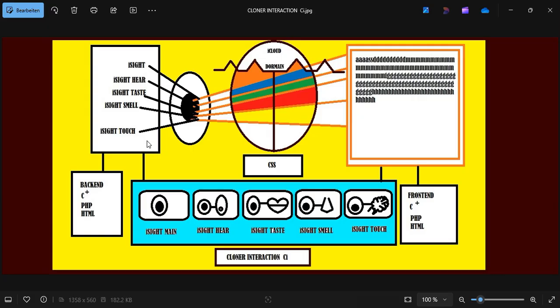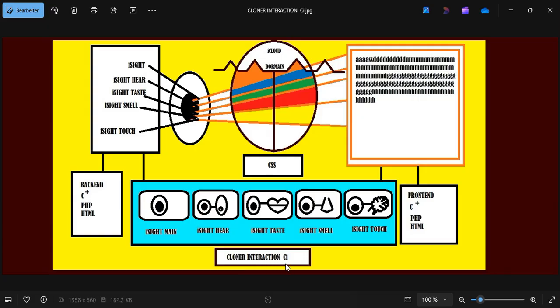And eyesight touch: when it says when you touched the apple, it was really round and beautiful, that means you have an eyesight touch there, a stimuli eyesight touch there through your eyes, interpreted in the brain. So these are the new perceptions. Now these perceptions are very important in cloning everything from the book, and it's called cloner interaction CI.